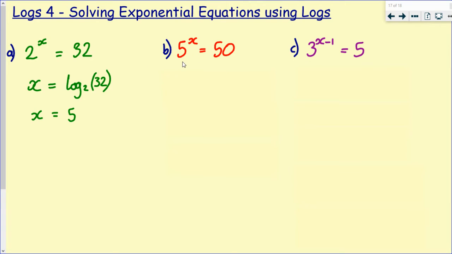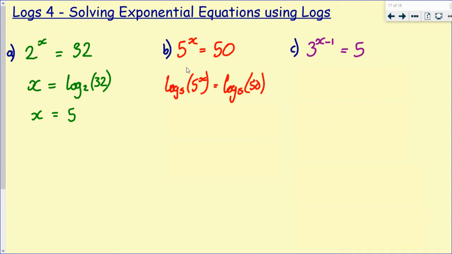We're going to do the same or similar over here, but this time let's think about log to the base 5 and how that is the inverse operation to 5 to the power of something. So we take the logarithm of base 5 of both sides of the equation.